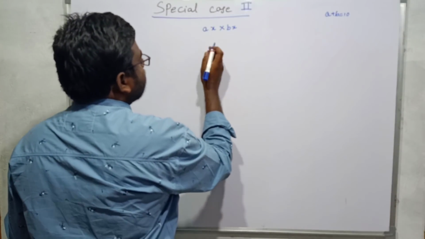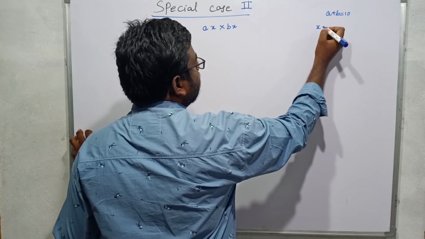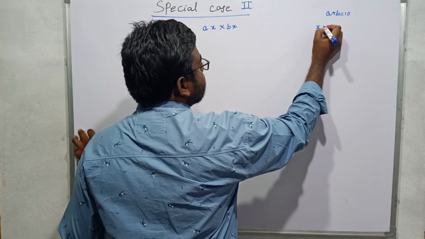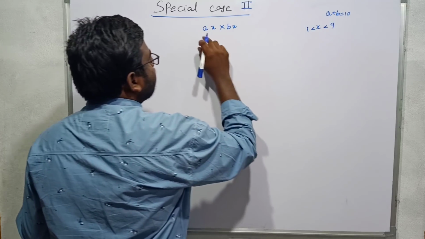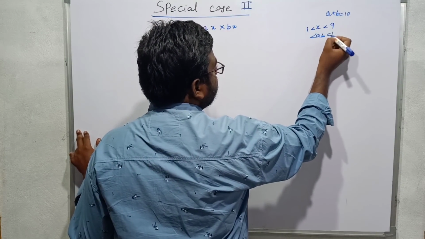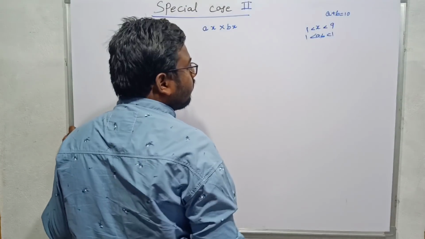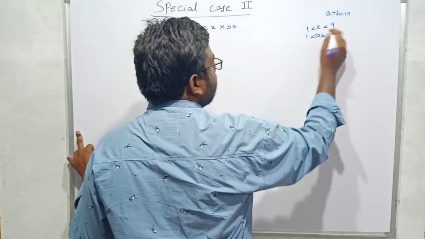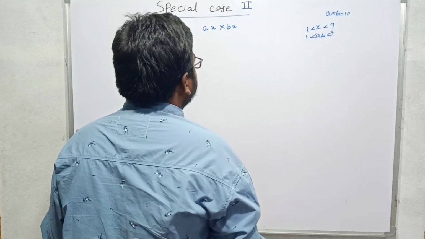Let us see, x is strictly a single digit number. X lies between 1 to 9, and a and b are also strictly single digit numbers. And if a plus b equal to 10, then a and b lie between 1 to 9 if a and b are natural numbers.